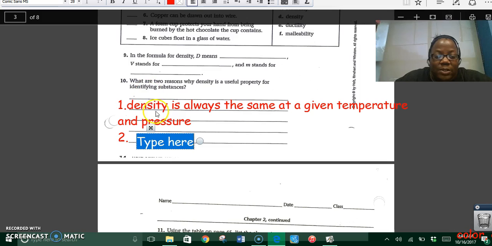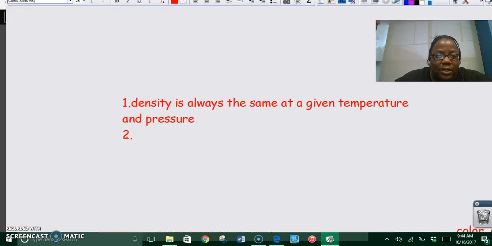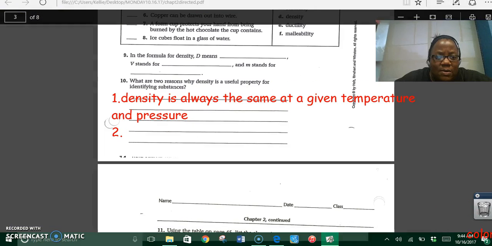I'm just going to type the number 2 part here. So we were looking at what was the second reason why density is good to use to describe matter. And first one, density is always the same at any given temperature and pressure.